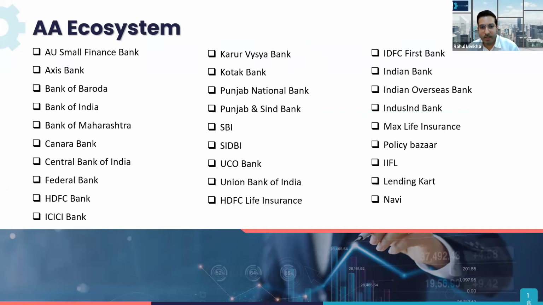You can see SBI, HDFC, ICICI, Bank of India, Axis Bank, but you also see some life insurance companies like Max Life Insurance also getting on board. And then you have some new age ones called Lending Cart, and Navi was one of the first adopters of the Account Aggregator framework.